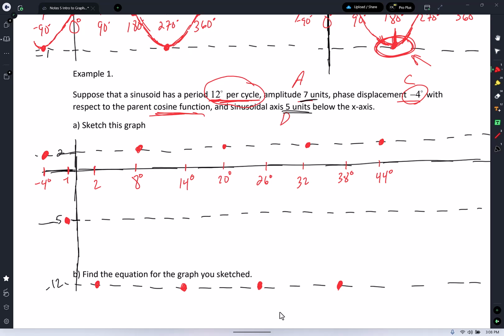Add 3 to 2, that's 5 degrees, and I put a point at the midline. 8 add 3: 9, 10, 11. Another point at the midline. That's 11 degrees. 14, 15, 16, 17. Put a point at the midline. After you do a few, you don't have to keep labeling them. Just put a point right in the middle between max and min. Make sure it goes in the midline.